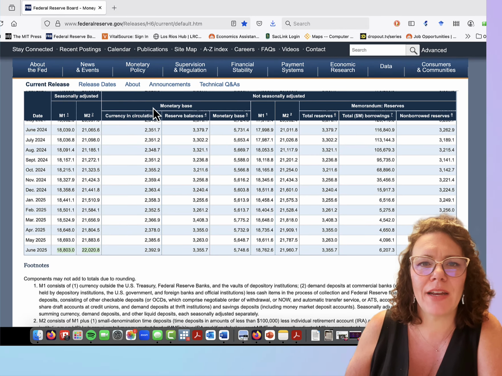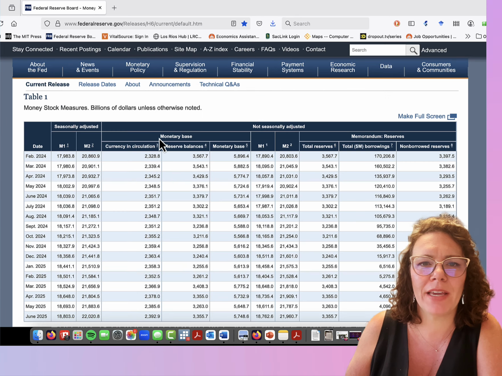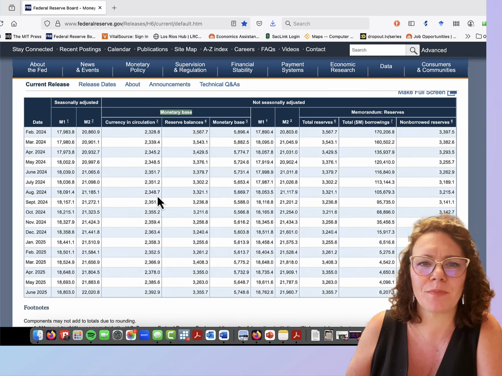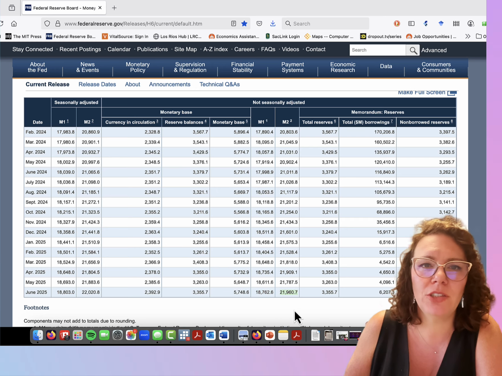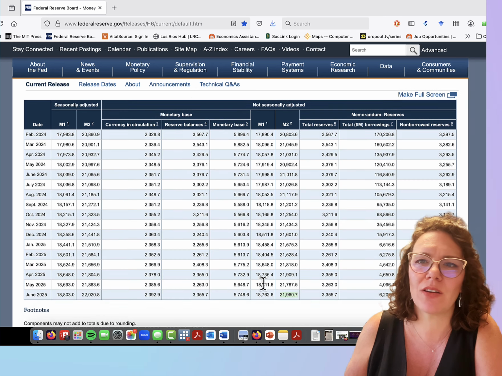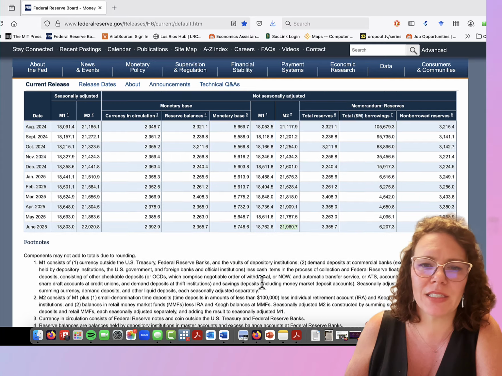We can see that here we talk about M1 being the monetary base. So it's going to contain the monetary base. So that's currency in circulation, reserves in banks, and that's going to add up to give us the monetary base. And that is a component of M1, and then M1 is a component of M2. And so we can see, so this is all measured in, I believe, billions of dollars.